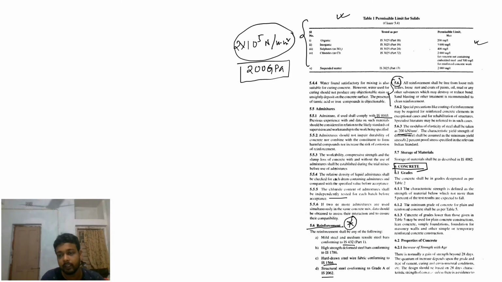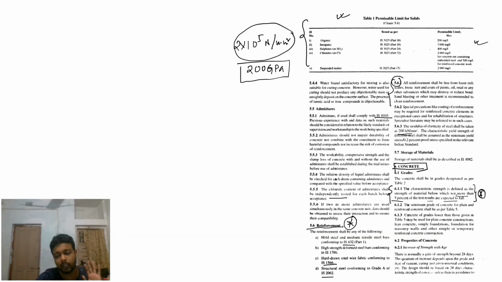The concrete shall be in grades designated as per table 2. Yes, that is one important clause. The characteristic strength is defined as the strength of material below which not more than 5% of test results are expected to fail. Suppose you test 100 cubes, 96 cubes pass and 4 fail, and the 96 cube strengths are 20, 21, 22, 23.